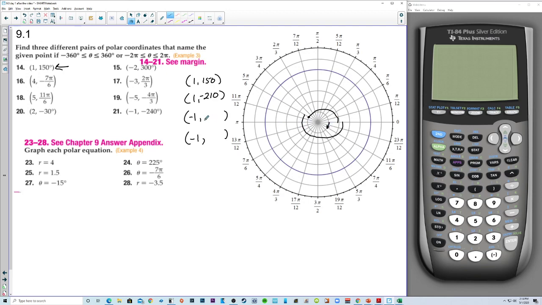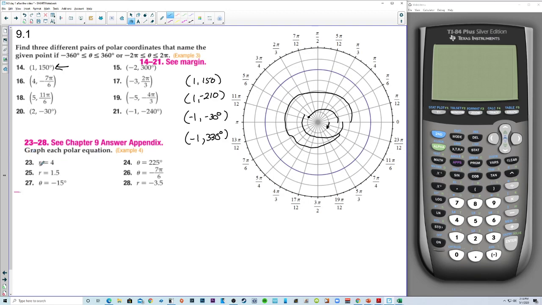We can go negative 30 degrees, or we can go positive. Oh boy, we're going to have to go all the way around. Here's 270, and then another 60 would be 330 degrees. So you should always be able to get 4 ordered pairs for each polar point.